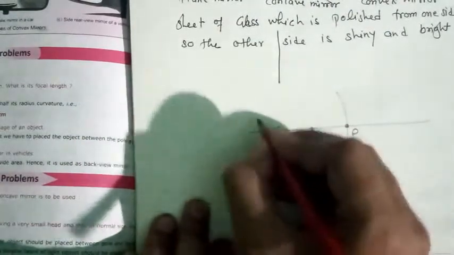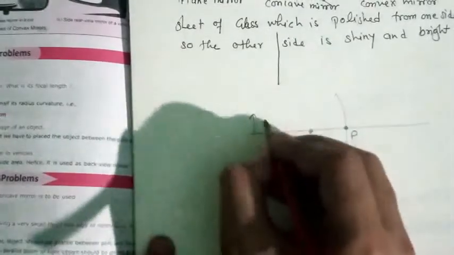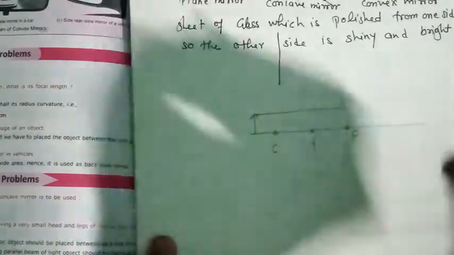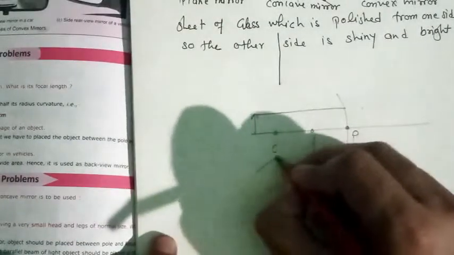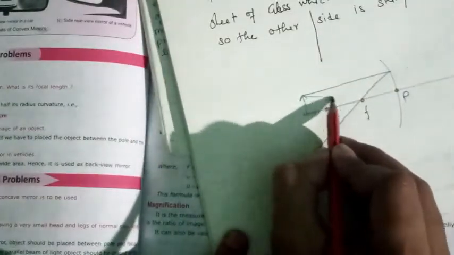If we place an object, this is the object, the ray goes like this, and this ray goes like this.